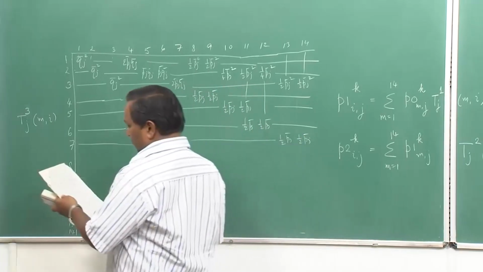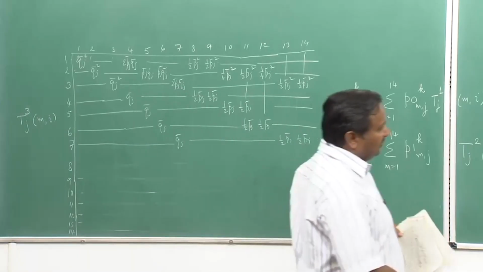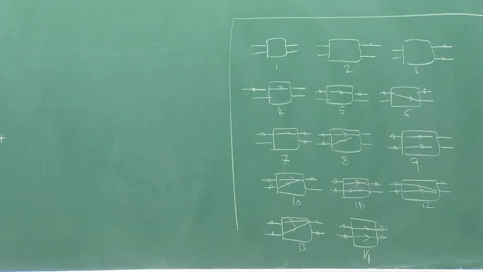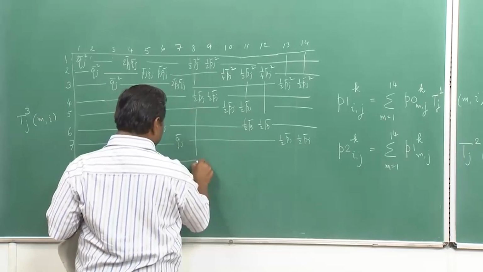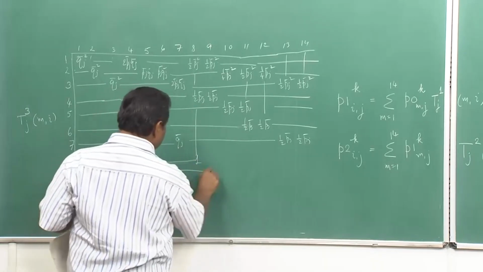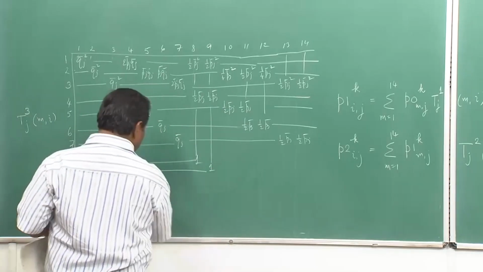Okay. Then we look at the 8th. There is no possibility of a packet coming in, you will remain in state 8. 9 is the same, 10, 11, 12, 13, 14, all of them will be unity. So, 8 always remains in state 8, 9 will remain in 9, and so on.